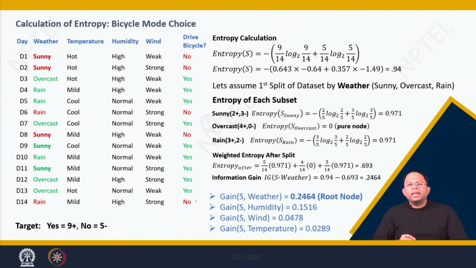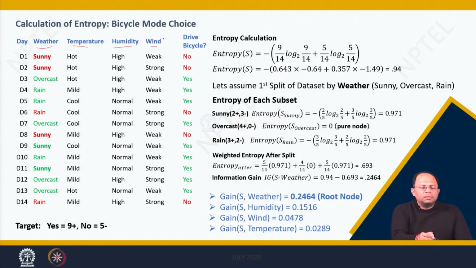Now coming to an example which will make clear what is happening in this particular case. We have a data set here which is a very common data set. I have just changed it a bit. A person decides whether to ride a bicycle, given as yeses or no's, depending on the weather, the temperature, the humidity and the wind.